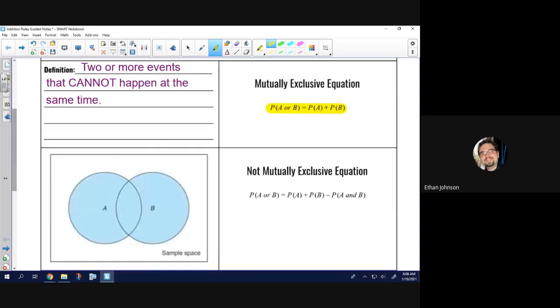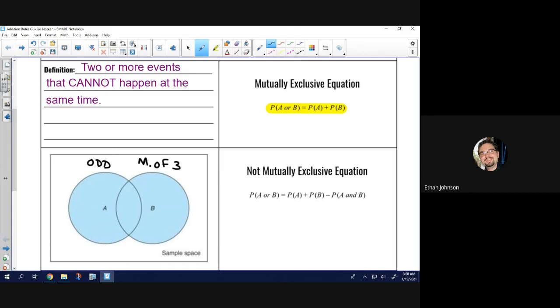However, it could also be not mutually exclusive. So going back to rolling a die, we could say our event A is rolling an odd number, and then B is, let's say, multiple of 3. In this case, our odd numbers are 1, 3, and 5.